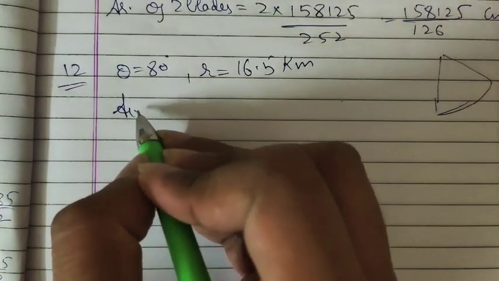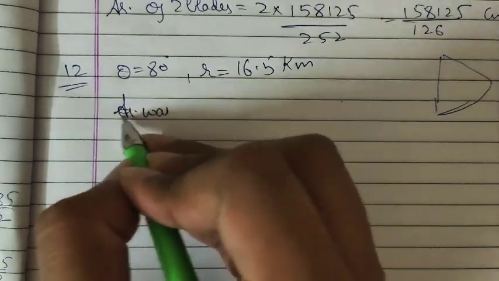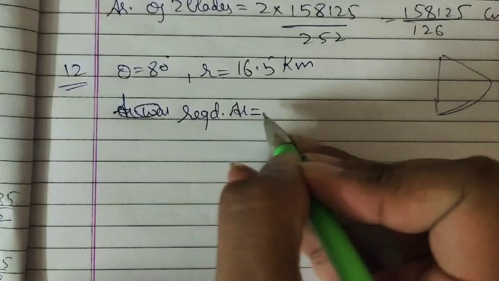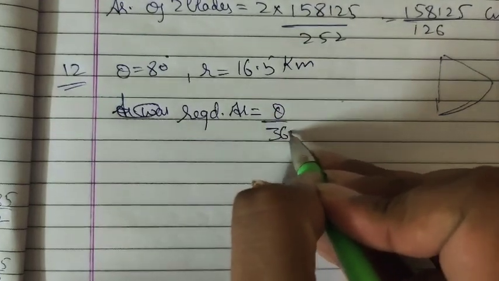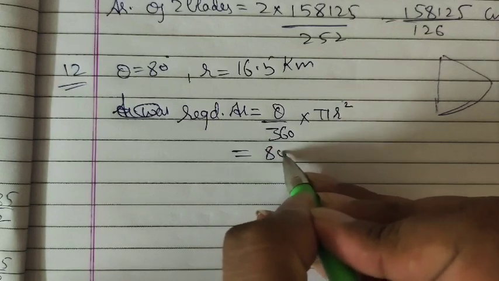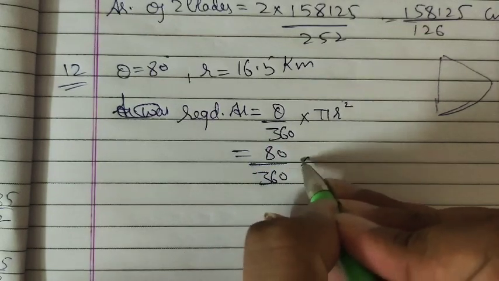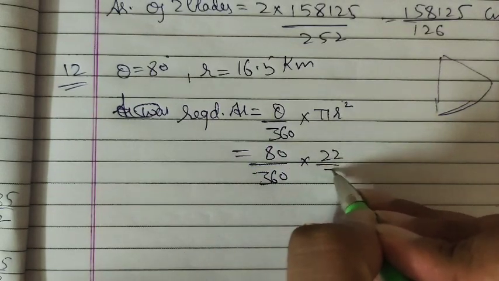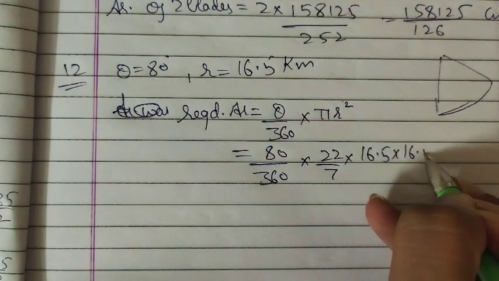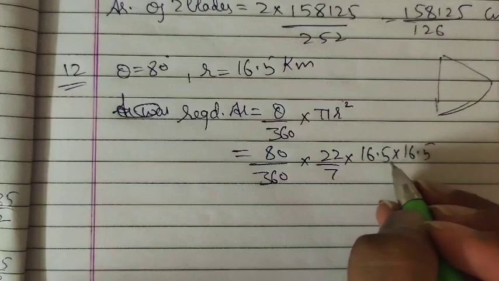So area warned or required area is simply equal to theta upon 360 pi r square. So 80 upon 360, 22 by 7, r value is 16.5, multiply 16.5. So just determine its value.